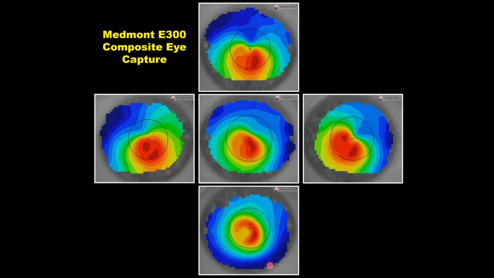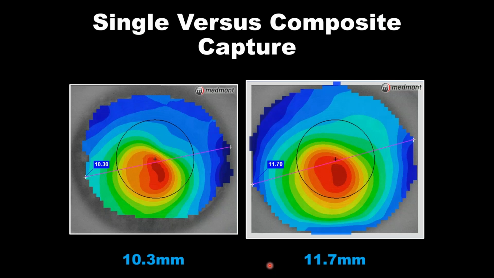All of those are converted into a corneal topography. They're merged together to create a larger view of the eye. So here we see our Medmont single map, which gives us 10.3 millimeters diameter on this keratoconic eye. Pretty good. Certainly a large diameter of information, and possibly enough to predict and estimate the height of scleral lens we need.